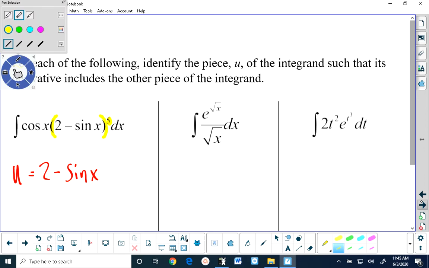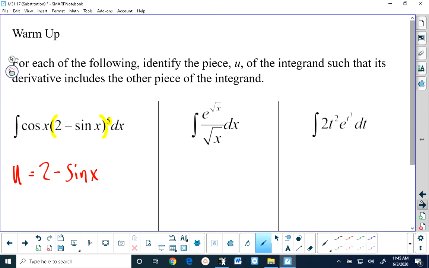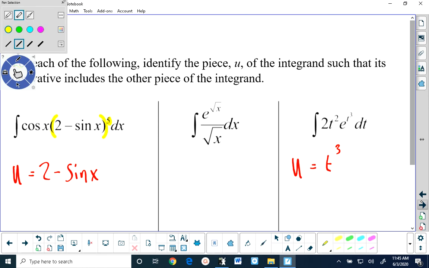If we jump ahead to the third example, because the second one is even more slippery than the others, what we can choose for the piece to differentiate so that the derivative will contain the other piece is t cubed. And notice that we did not choose e to the t cubed. We only chose the argument. So you don't choose the operation, you choose the argument.